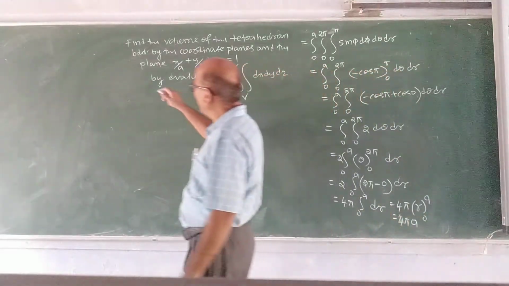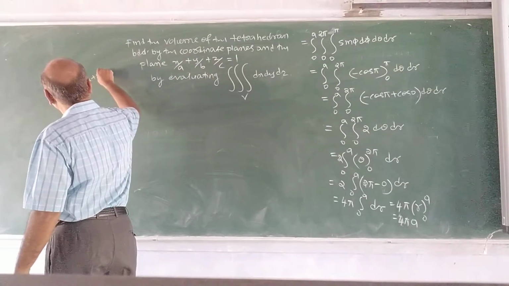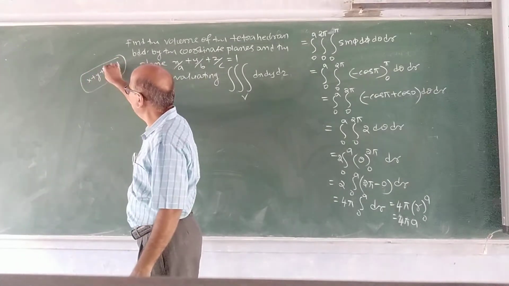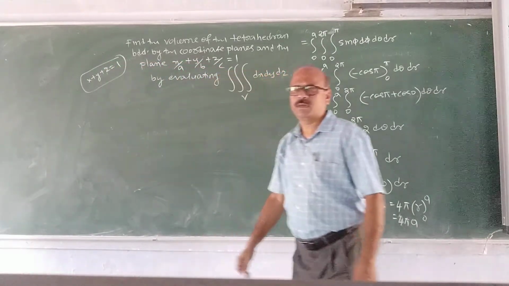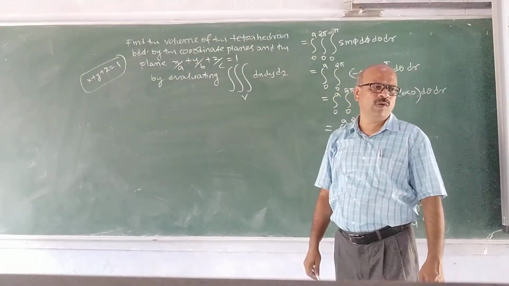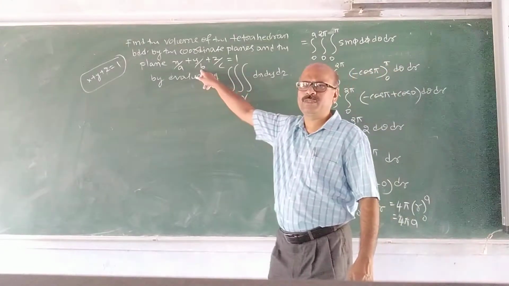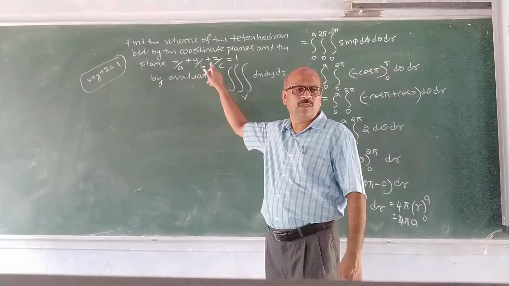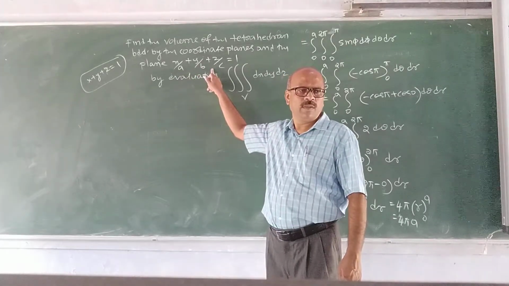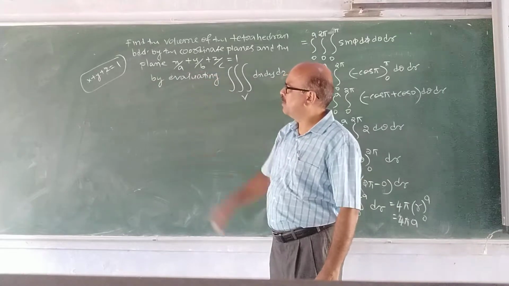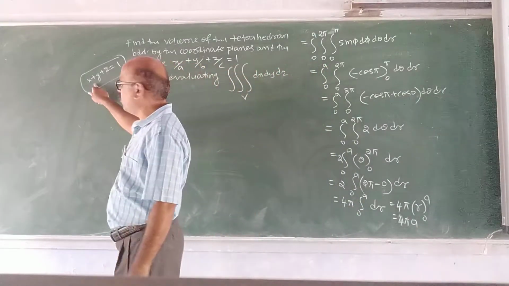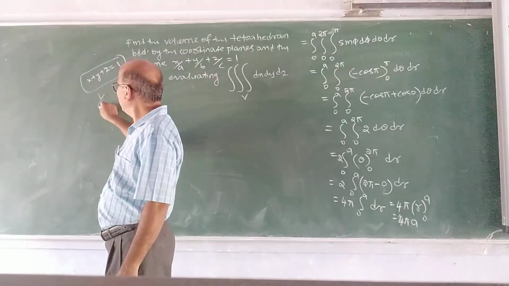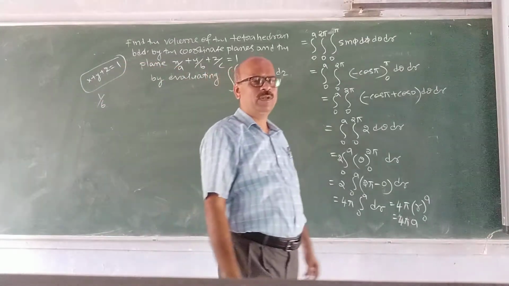And we have evaluated the volume of this tetrahedron bounded by the coordinate planes and the plane x plus y plus z is equal to 1. Their intercepts were 1, 1, 1. But what are the intercepts made by this plane with the coordinate axes? They are a,0,0; 0,b,0; 0,0,c. And the volume of the tetrahedron bounded by the coordinate planes and that plane was 1 by 6, if I remember correctly.